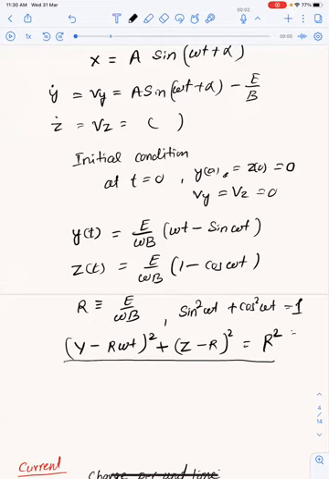So this is a formula for a circle with radius r and center at (r omega t, r). The center has a t component along y, which means it moves at a constant velocity omega r, and that's nothing but, with this substitution, e by b. So it's a formula for a circle whose center moves at a constant velocity e by b along the y direction.